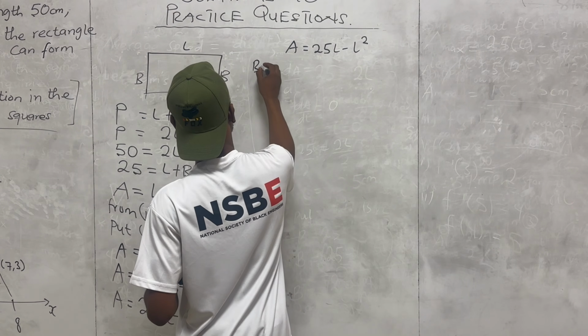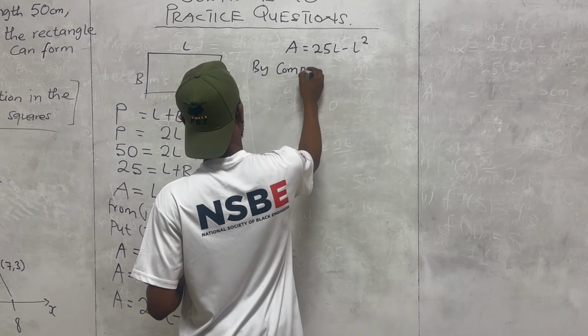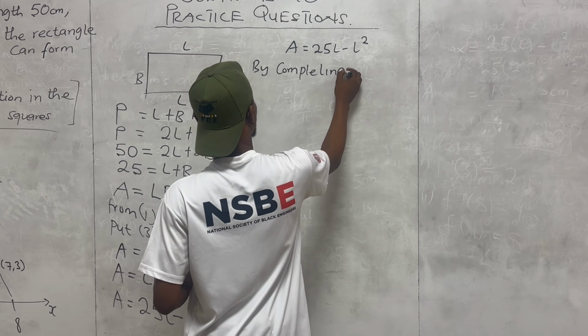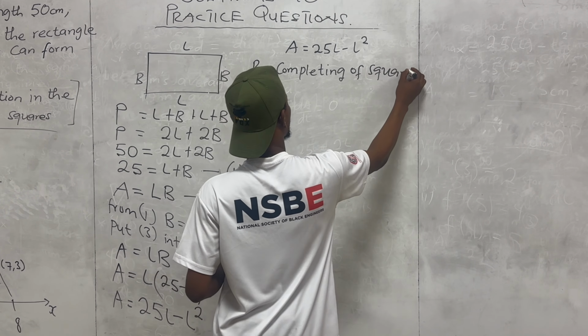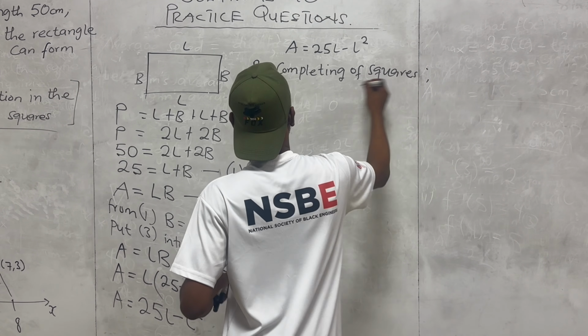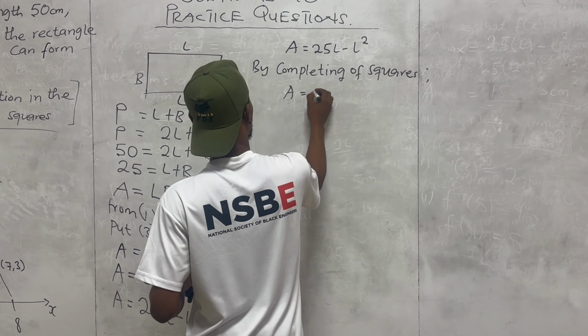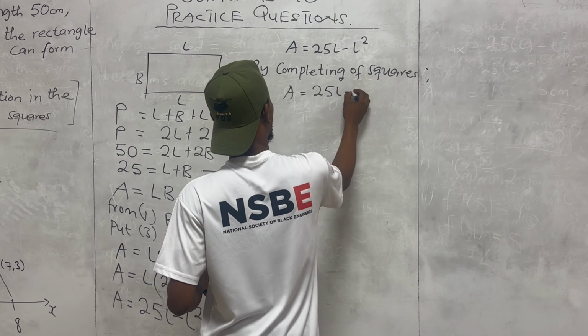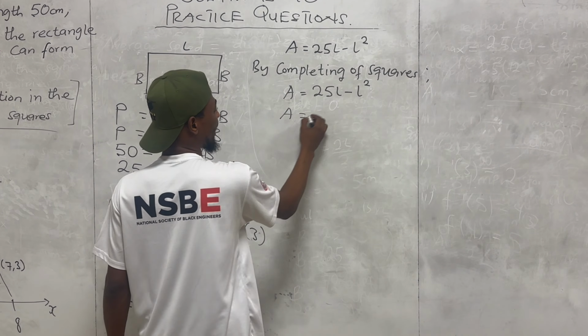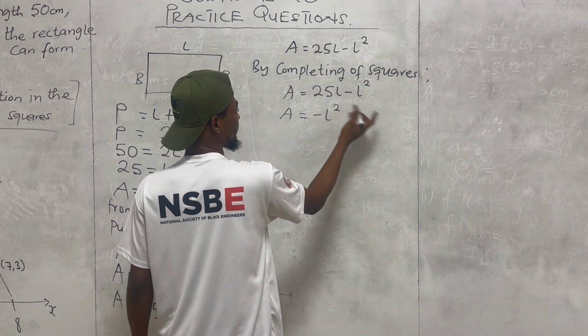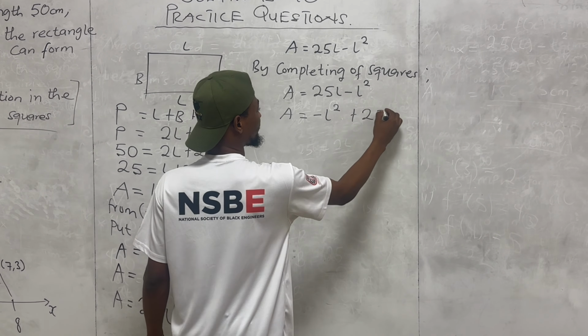By completing of squares, we have A is equal to 25L minus L squared. This is the same, by rearrangement, as negative L squared plus 25L.